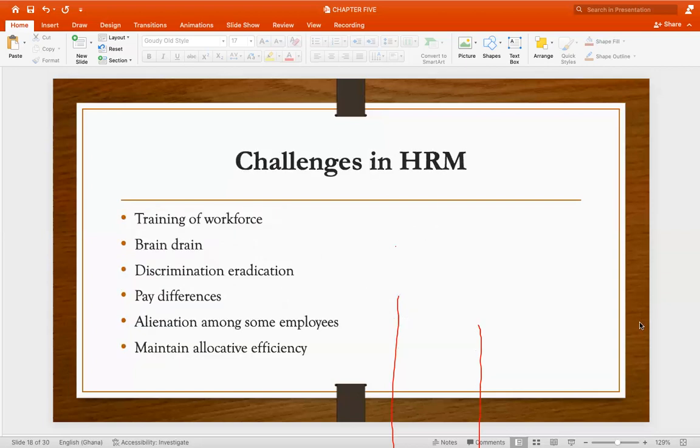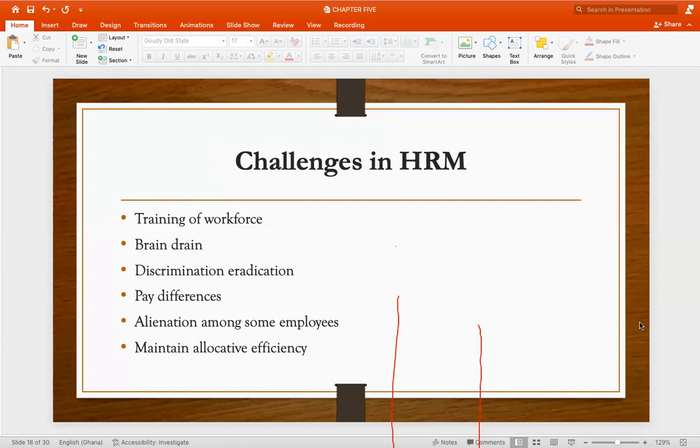Now, some challenges in human resource management. One of the biggest challenges is training of the workforce. Every human resource manager's aim is to make sure that you have a very skilled and competent workforce that will be able to execute the job.